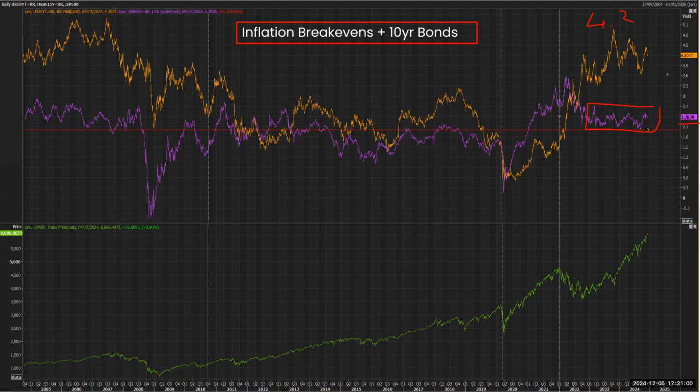In other words, if you take the 4.2 and you minus the 2.3, you're looking at somewhere around a real yield of 1.8%. That is what the United States government is giving you as an investable return for owning US 10-year bonds.